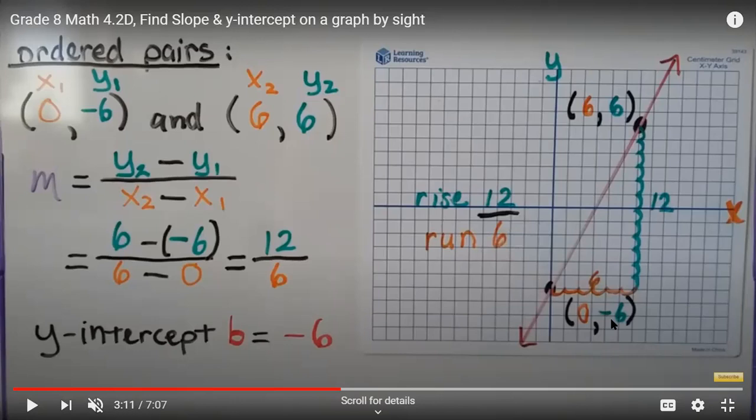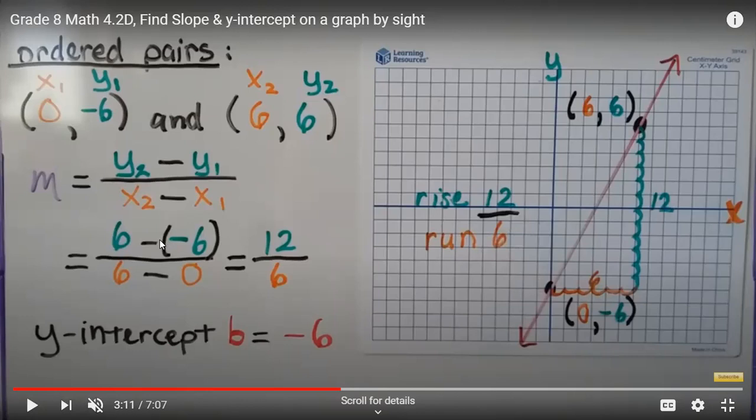We can use another method. We can pick any 2 points from the line, like 0 and negative 6, and 6 and 6. Then you will use y2 minus y1 over x2 minus x1. Then 6 minus negative 6 over 6 minus 0.